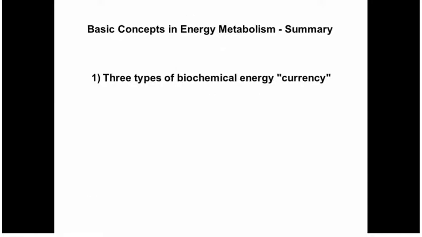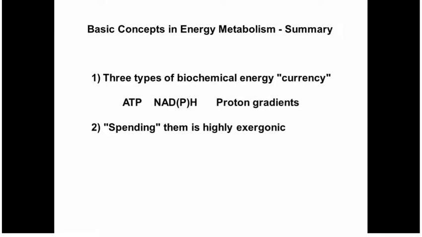So what are points to remember here? You've got 3 types of biochemical energy currency: ATP, reducing equivalents in NADH, and proton gradients. Spending them, using them up, is highly exergonic.